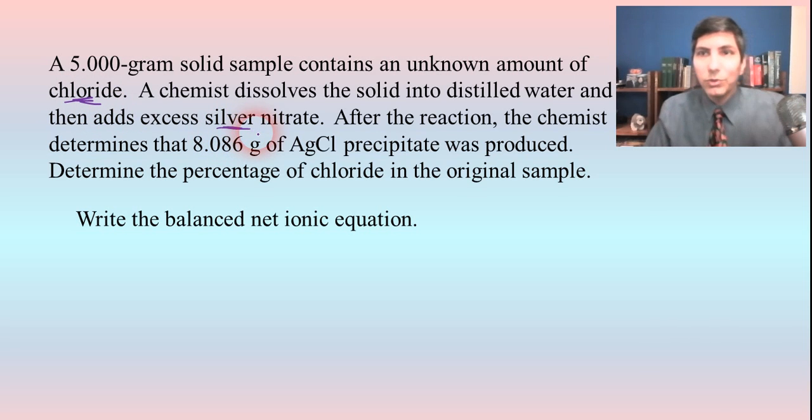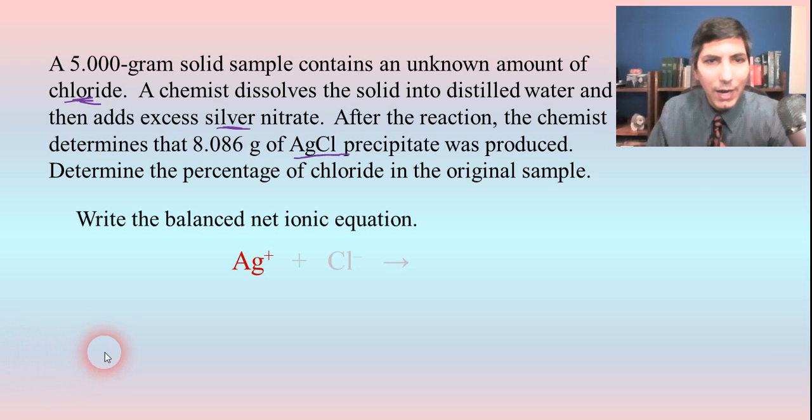So we know that those two react to make this insoluble silver chloride precipitate. In fact, the problem actually comes straight out and tells us that's the precipitate. So we're going to take those ions, take the silver ion, add it to the chloride ion, and we're making silver chloride. That is a balanced equation, as we can see.